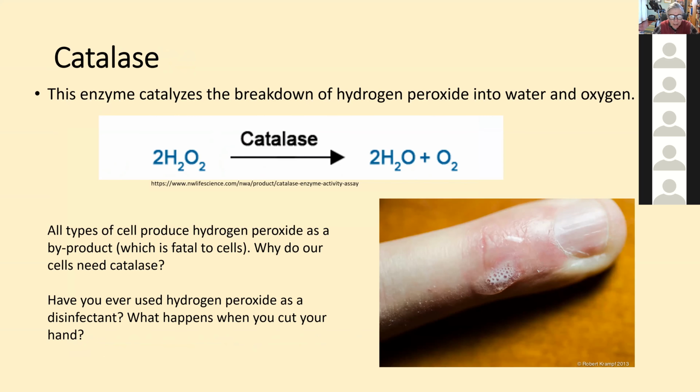Okay, here's catalase, and this is the reaction. Now, this is what's called a balanced equation. You're never going to have to balance equations in this class. But what's important if I put up reactions is what's over here to the left of the arrow and what's over here to the right of the arrow.